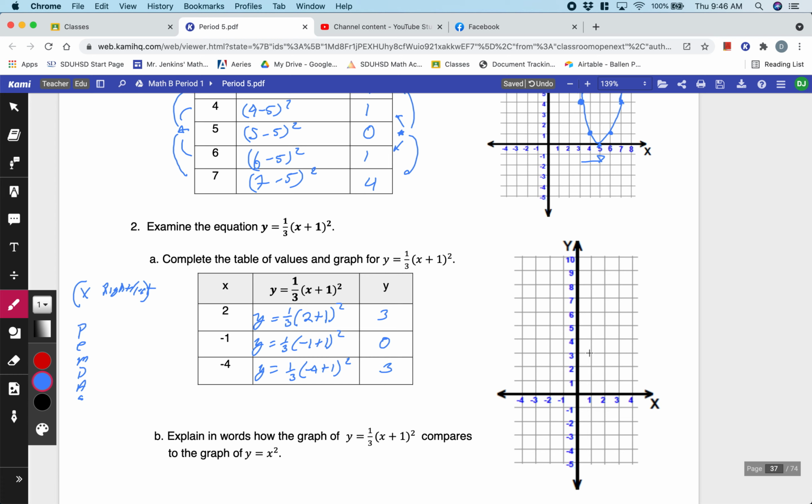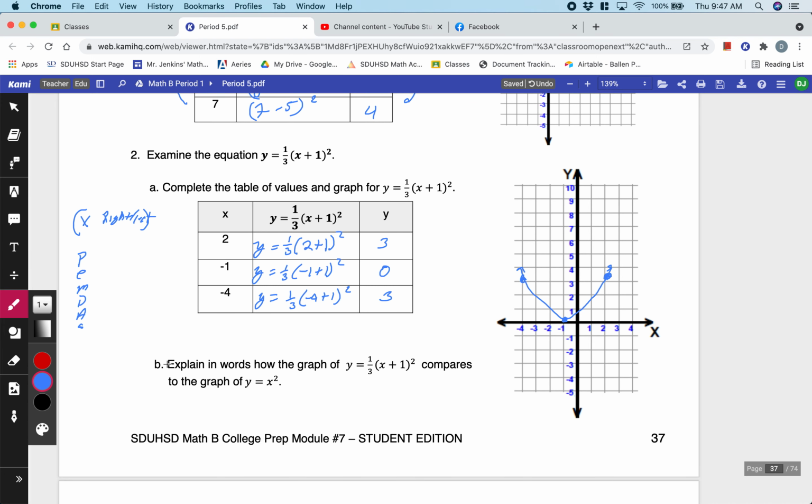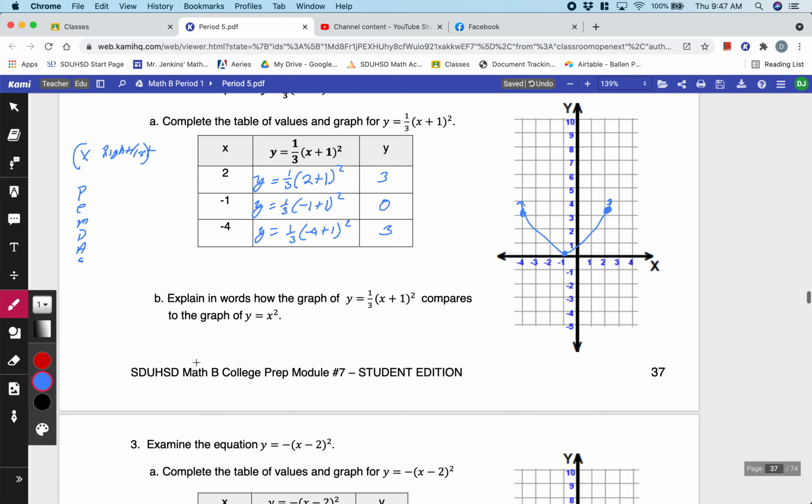So we're only doing 3 values there. Over here I go over 2, up 1, 2, 3. Then I go over -1, 0. And then -4, up 1, 2, 3. And guys, as you can see, this graph is a lot wider than before. Now, why is my graph wider? Well, let's start with the first part.